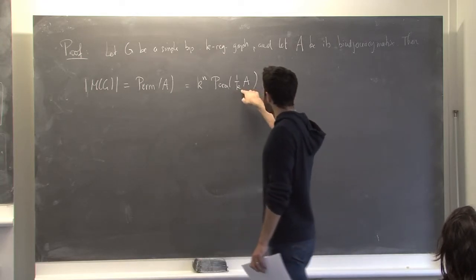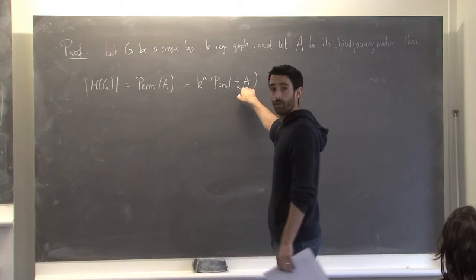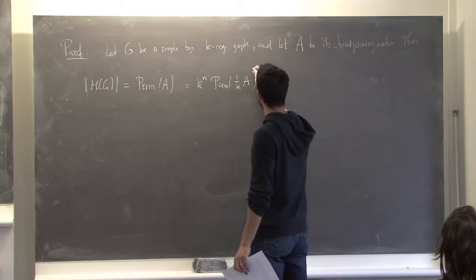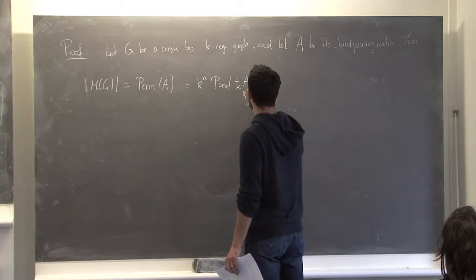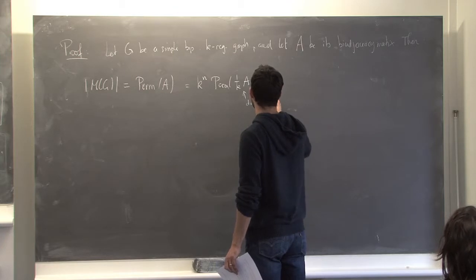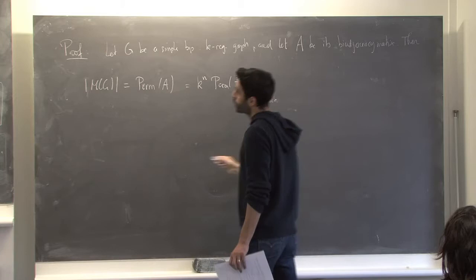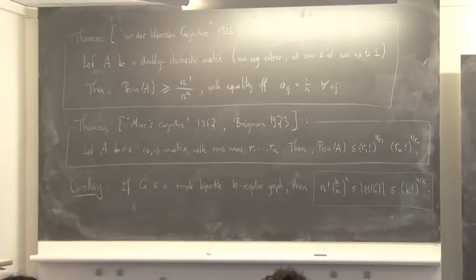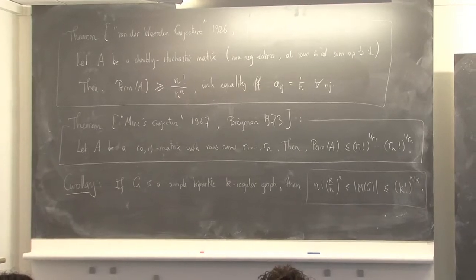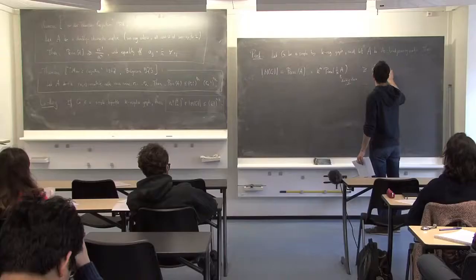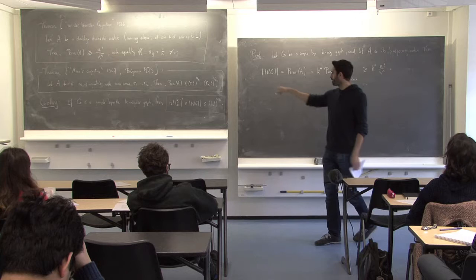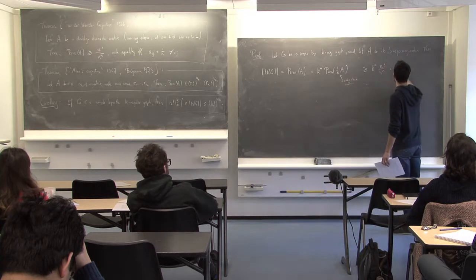And now you see that this matrix is doubly stochastic, so you can apply the van der Waerden conjecture. So this is greater or equal to, and this is indeed the lower bound we're looking for.